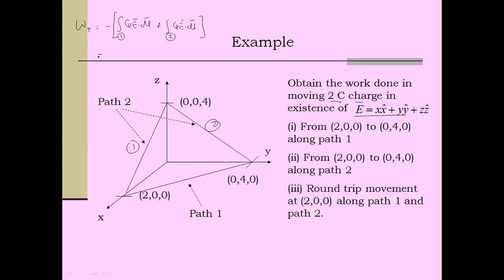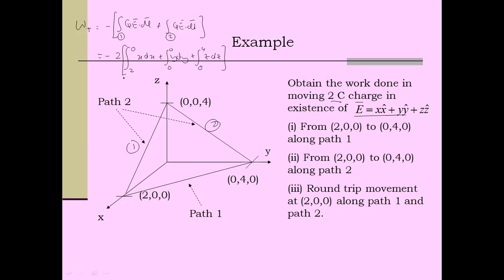Okay, route number 1 is a movement of charge from 200 to 004. So that can be defined to be negative 2 times the integration of x dx, plus the integration of y dy, plus the integration of z dz, in which the x is an integration from 2 to 0 for route number 1, y should be no changes at all, whereas for the z, it's from 0 to 4.